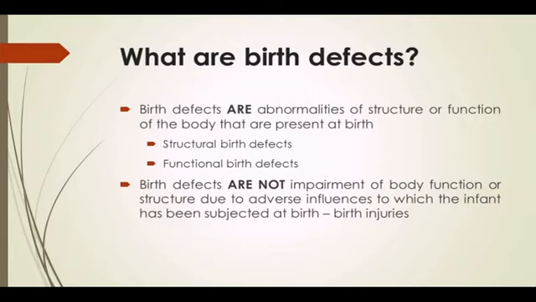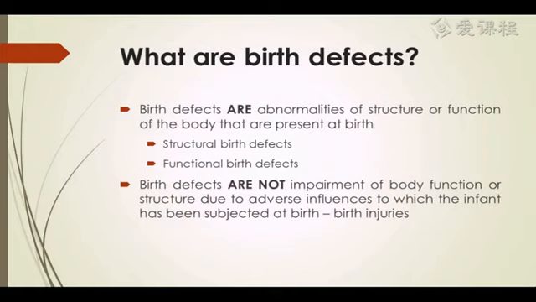So basically, it can be divided into two types of birth defects. The first one is related to structure change, so it's called structural birth defects. The second one is functional change, so it's called functional birth defects. One needs to be aware that birth defects are not impairments of body function and structure due to adverse influences at the time the infant was born.